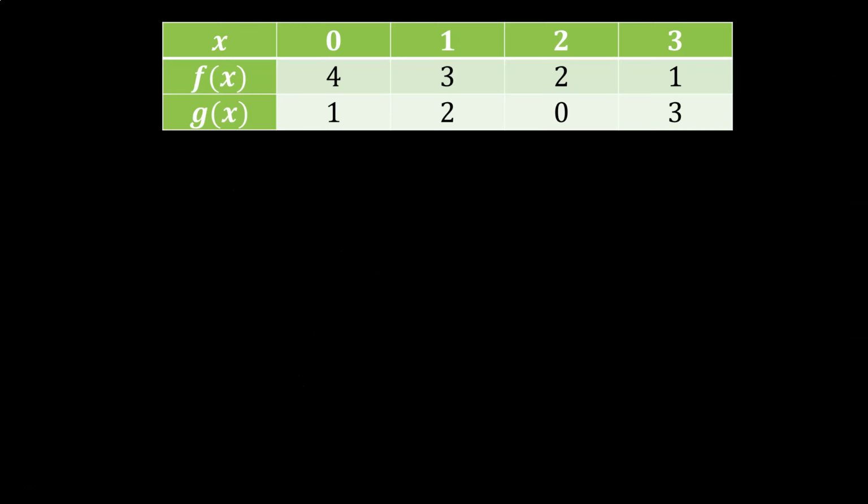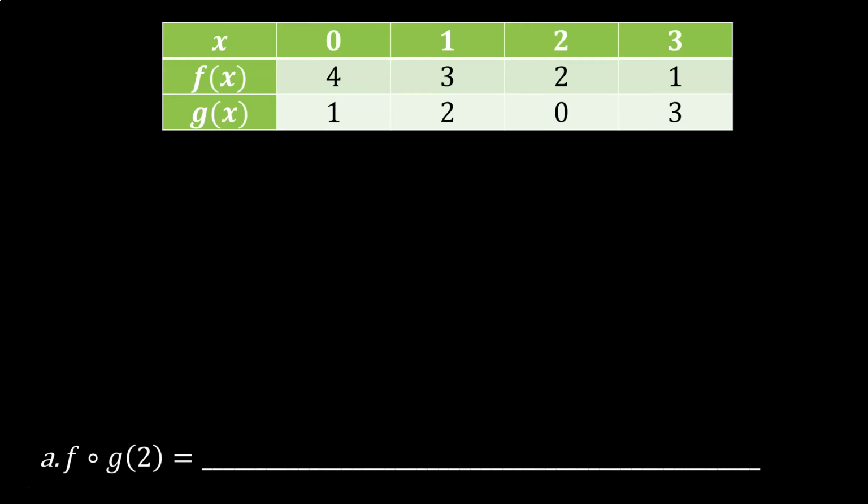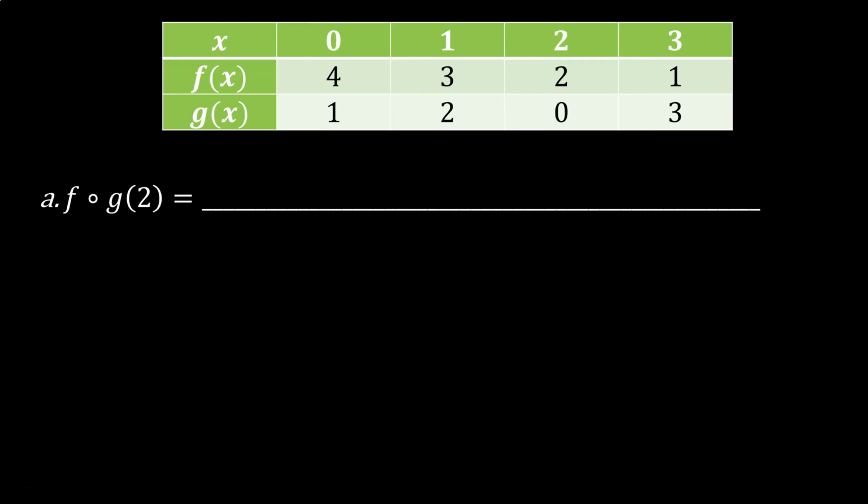Here, same concept, but the functions are being represented by a table. What is f of g of 2? Well, by definition, the outside function is f of g of 2. So first, I need to go find out what is g of 2. So I need to go to 2 as my input.